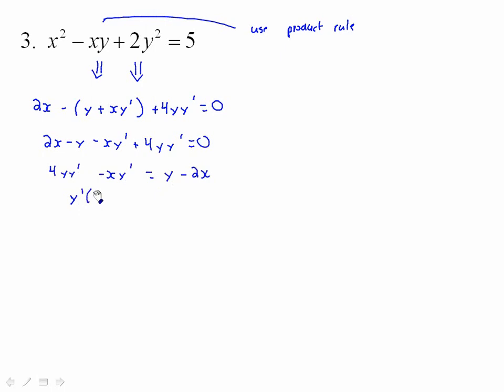Factor out a y prime, and you get 4y minus x, and that's equal to y minus 2x. Then when you divide both sides by 4y minus x, you'll get y minus 2x over 4y minus x. And then you're done with it.